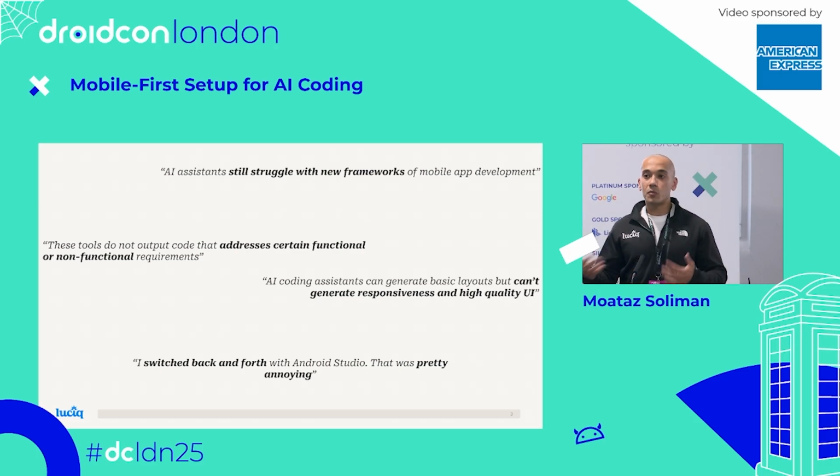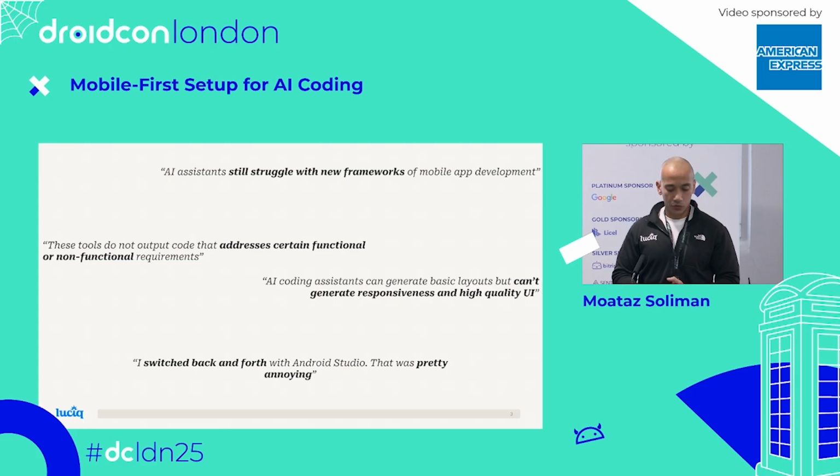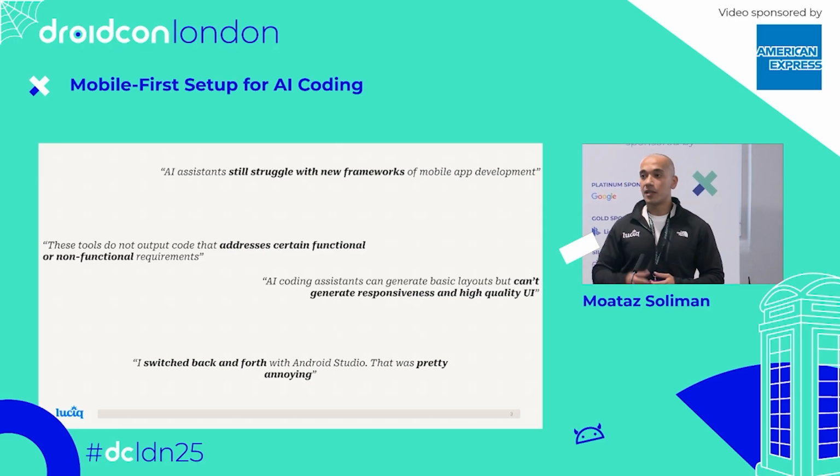A lot of those models didn't have any of the new frameworks or new languages specifically for mobile in their training data, so it makes sense that it's not as accurate for mobile technologies versus web and backend technologies. The second and third comments say it still struggles with certain functional or non-functional requirements that are mobile specific, things like battery consumption or app launches, or with UI responsiveness and the specific UI paradigms that are mobile specific.